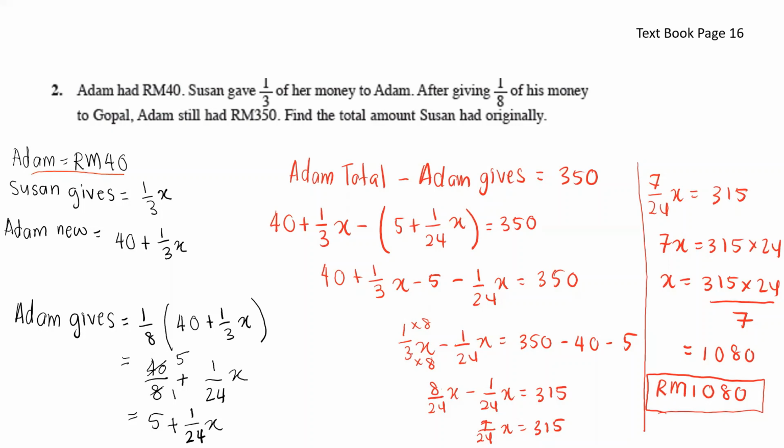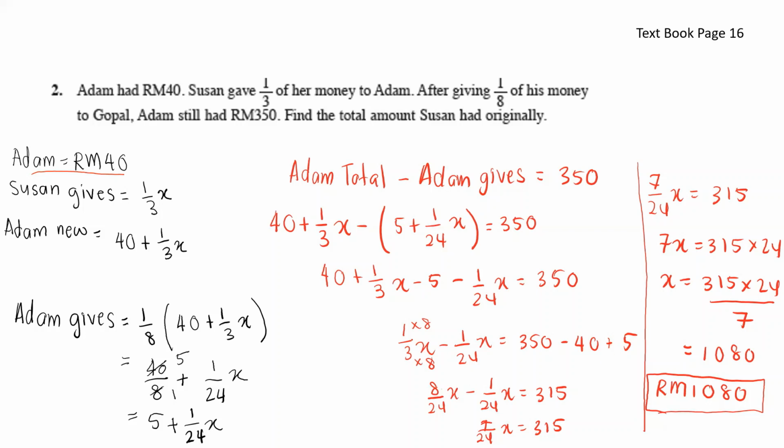So here we have 1 over 3x minus 1 over 24x equals 350 minus 40. Minus 40 because if it is a positive value, when we move it to the other side, it becomes a negative value. Since here it is minus, here becomes plus 5.